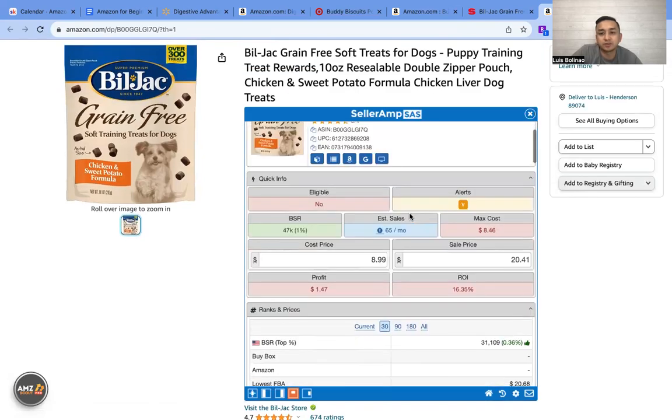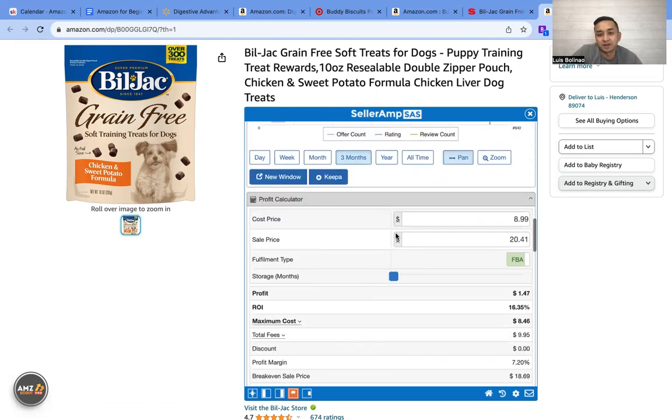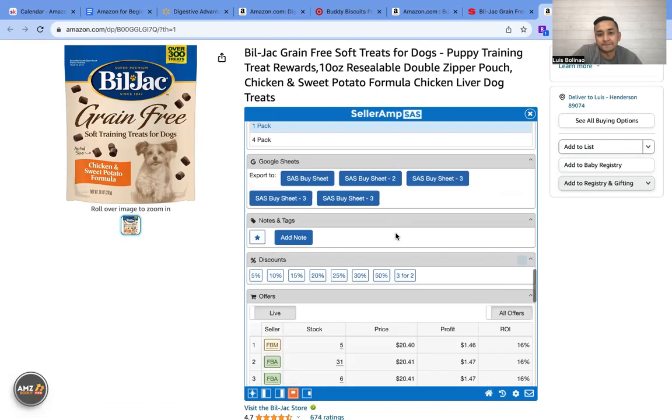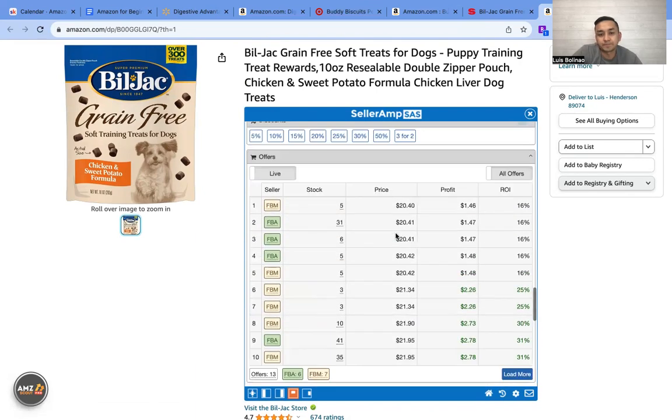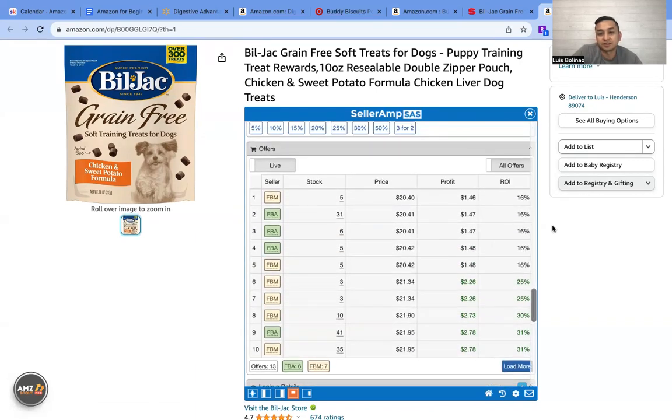Okay, so this one's giving you a 16% ROI. I would say decent. It's below our minimum, but it's still pretty decent. It's selling 65 times a month, with this many sellers.